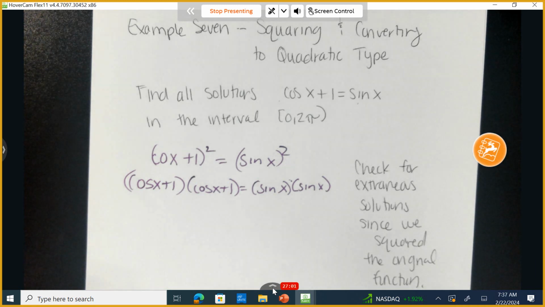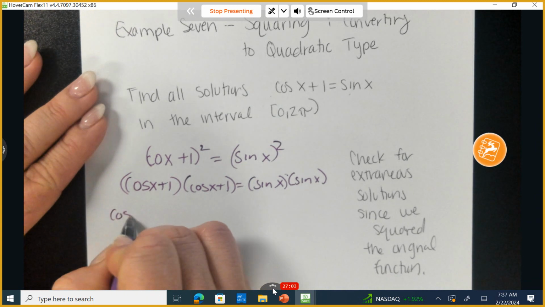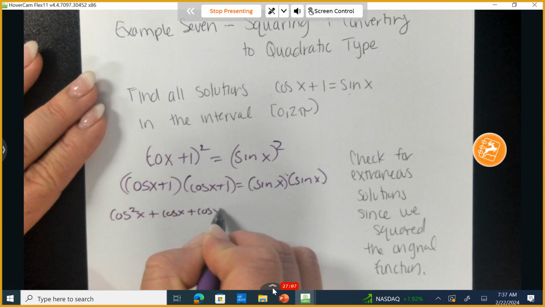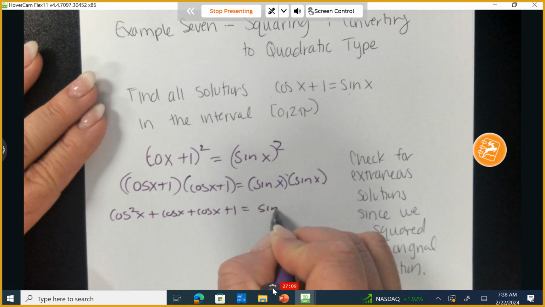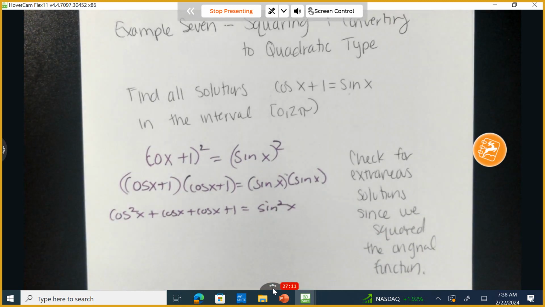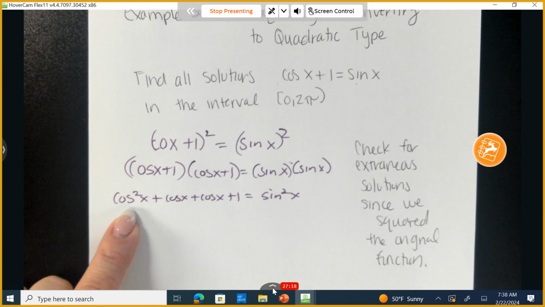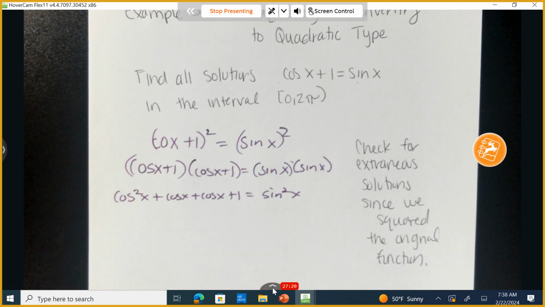Now, why is this to our advantage? Because now I can do the front, the inside, the outside, last, and this is sine squared. And now I only want to have one trig function. I finally have a square. Would it be smart for me to change the cosine into a sine or the sine into a cosine?